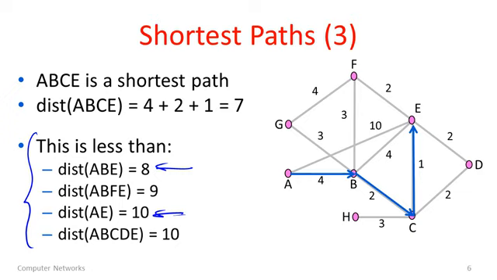For instance, ABFE, this path, has cost 9. Not quite so good. Or you could imagine going a little further around looking for something better. ABCDE costs 10. Nope, and everything else is getting longer. So the other one is definitely the shortest path. So now we know what a shortest path is.